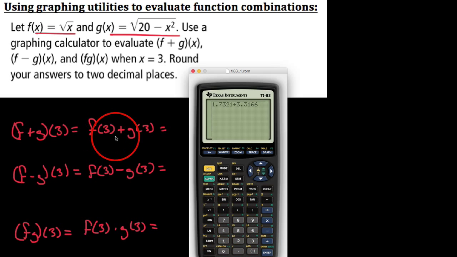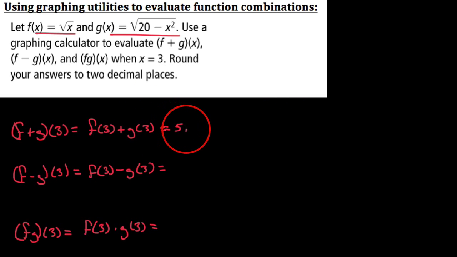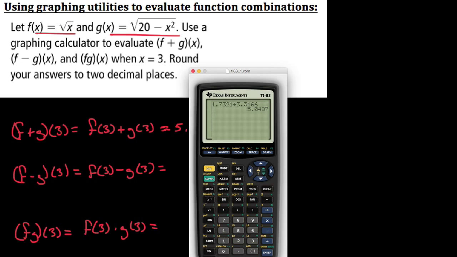Then we would have added f of 3 plus g of 3, and what we get is approximately 5.0487. So about 5.0487.